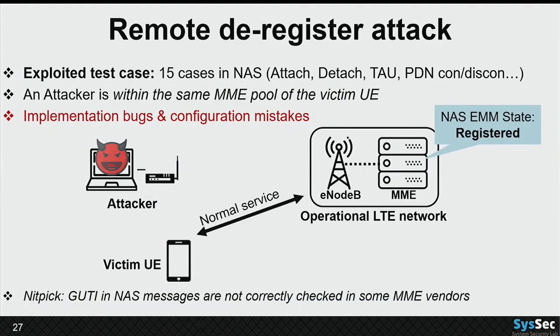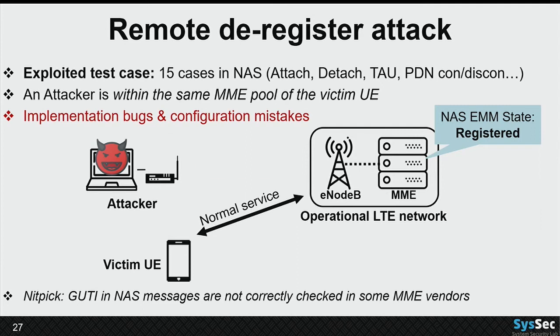And the second attack is the remote deregister attack. This attack exploits one of the 15 vulnerable cases in NAS messages. So an attacker is within the same MME pool area as the victim UE. Here, the victim UE is normally registered to the operational LTE network.